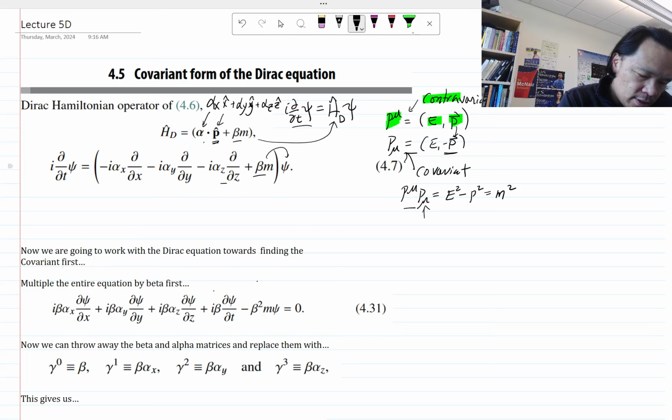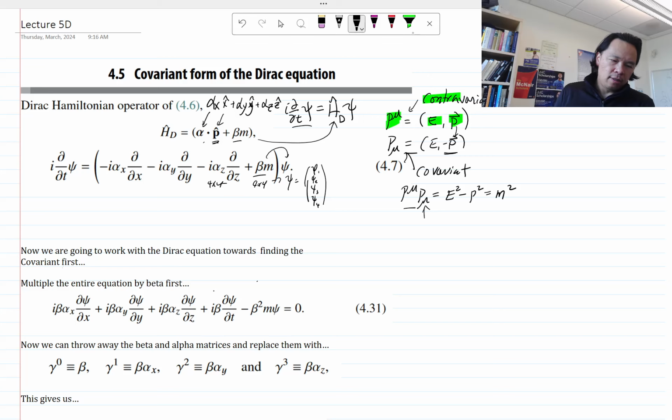Since each of these is a 4x4 matrix, this forces the wave function to be a column vector of four components, psi 1 through psi 4. This is where we come up with the spinors that we have to deal with now.